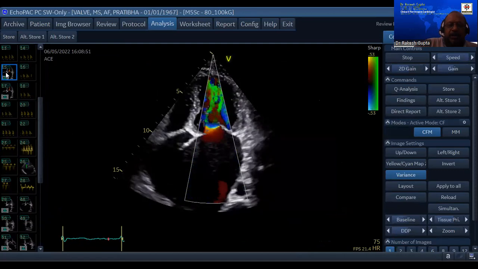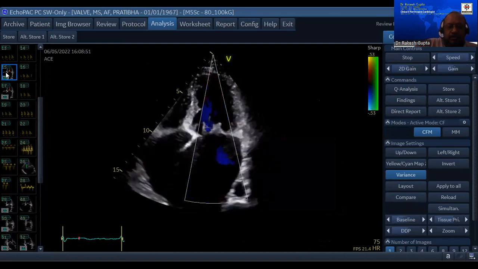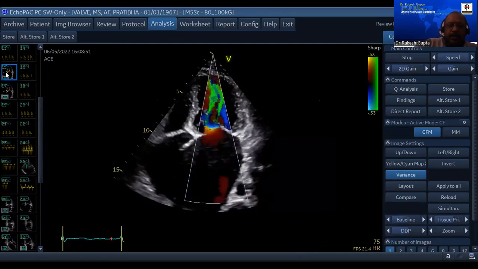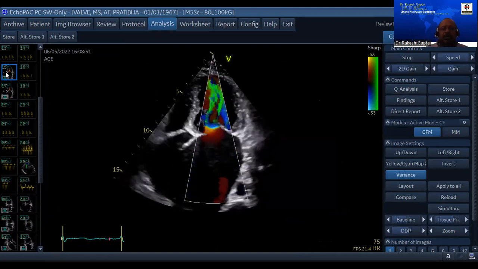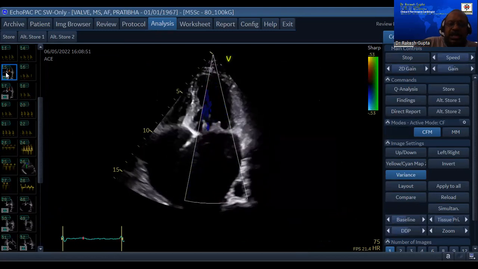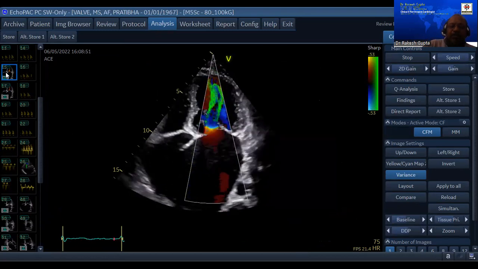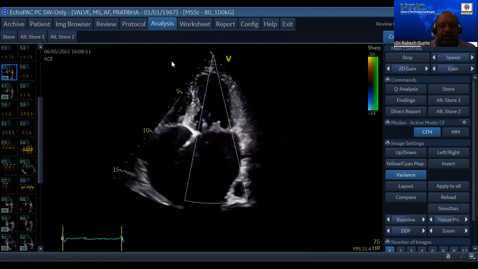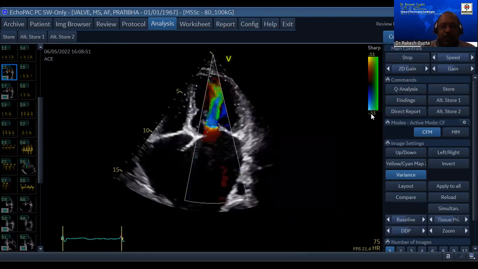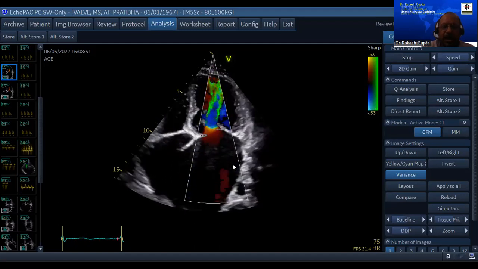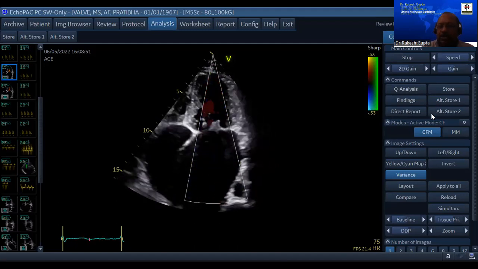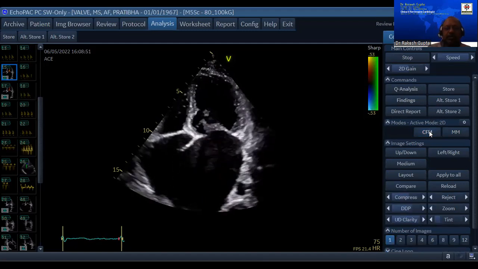What do you mean by mosaic pattern? There is a lot of different color. This is known as turbulence. Look, the word turbulence is related to CFM, color flow mapping. When we have turbulence, flow towards the transducer is red and away is blue. So we see a lot of turbulence across this mitral valve. And not only this turbulence, what else do you see in this mitral valve?